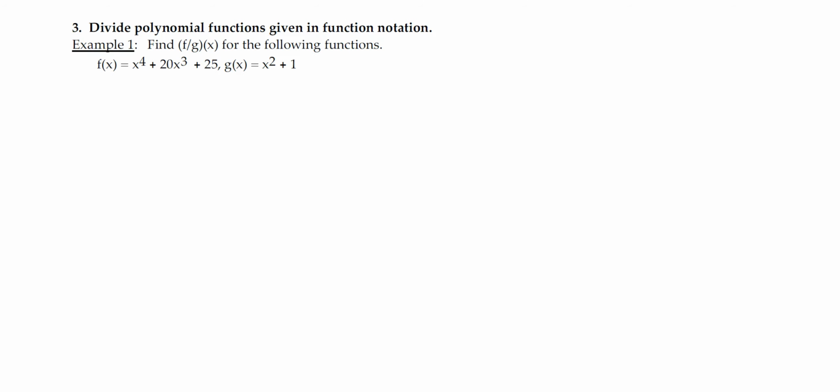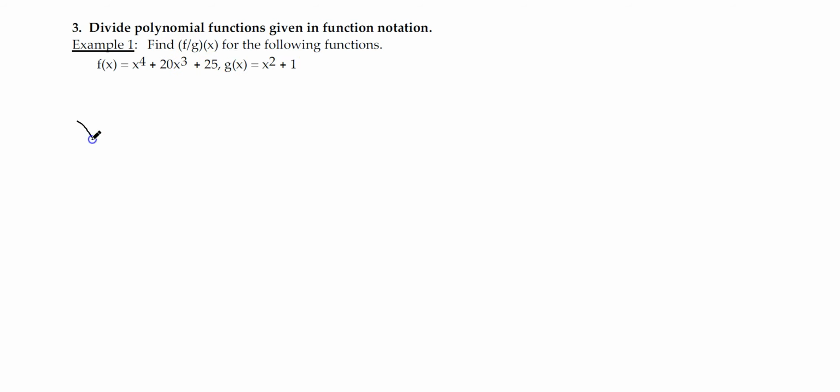All right, now our next objective, divide polynomial functions given in function notation. So they say find f divided by g. This is the quotient function, f over g of x for the following functions. So we have f, we have g, we're going to divide them. Now notice g has an x squared plus 1, f has an x to the fourth, an x cubed. There's no x squared and there's no x. So this is our first problem where we're going to have placeholders.